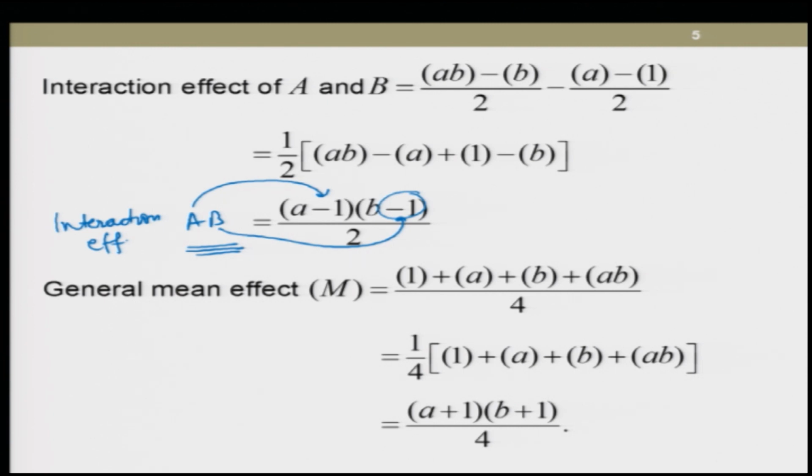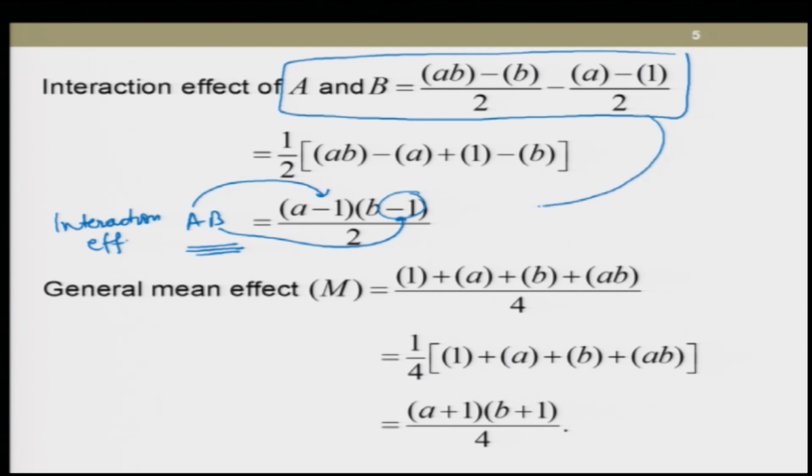For example, in the last lecture you had obtained the interaction effect between A and B by this expression, and if you do the same algebra, you will come to the same expression: A minus 1 into B minus 1 divided by 2.